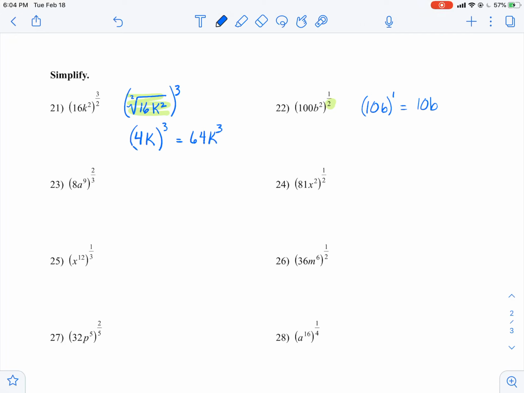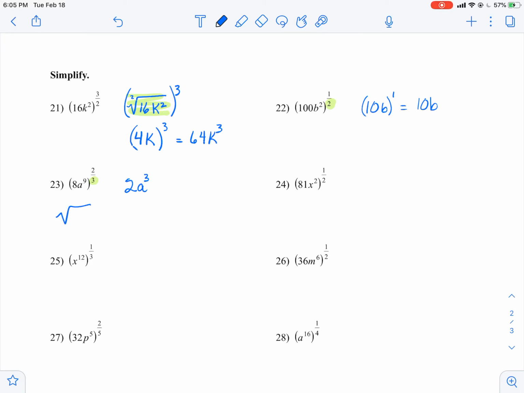Okay? Let's try it with one a little bit harder. So on this one, I'm doing the cube root. So the cube root of 8 would be 2. Then if I look at the cube root of a to the 9th, what I'm doing is just dividing those, and that would be a third.